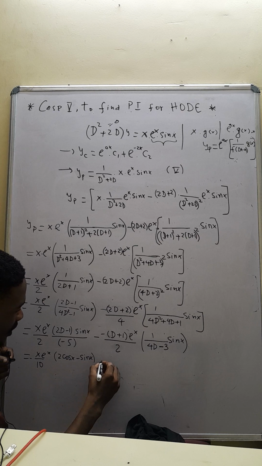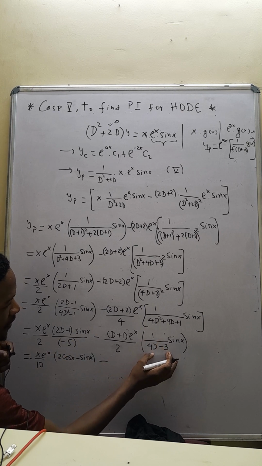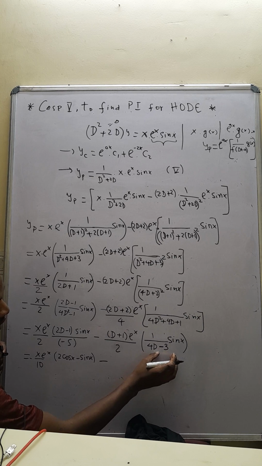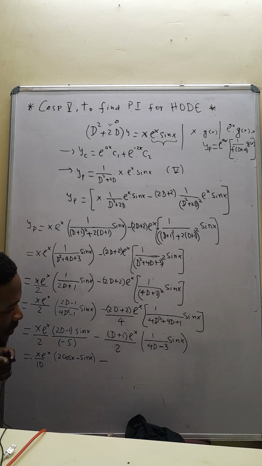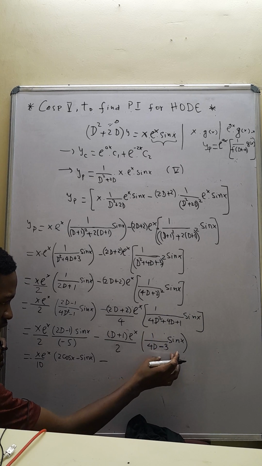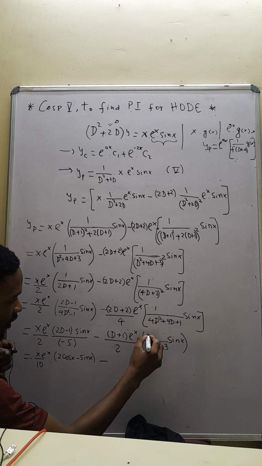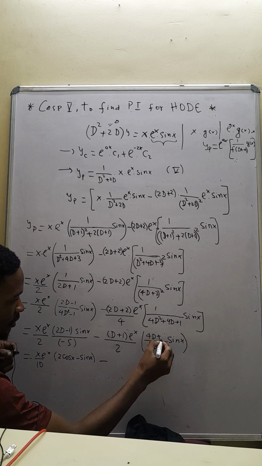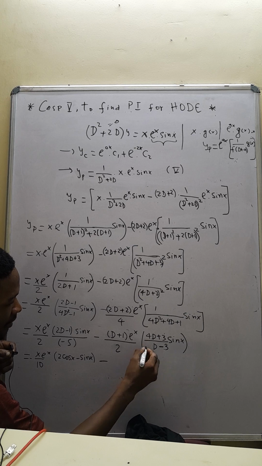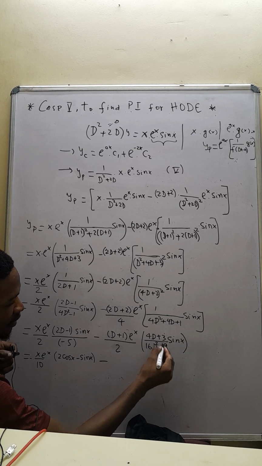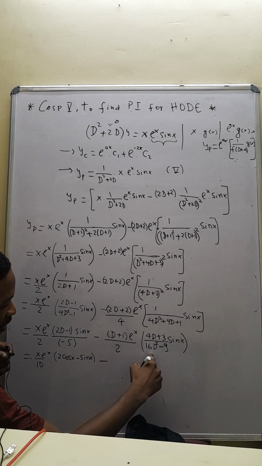Just like this. But the second expression will be what? For here, this is minus 4d, this guy, and so on. Right? What you have to do, apply here the conjugate. 4d plus 3. So that this guy can be 16, and here it can be square. And this will be 9. Then substitute here.